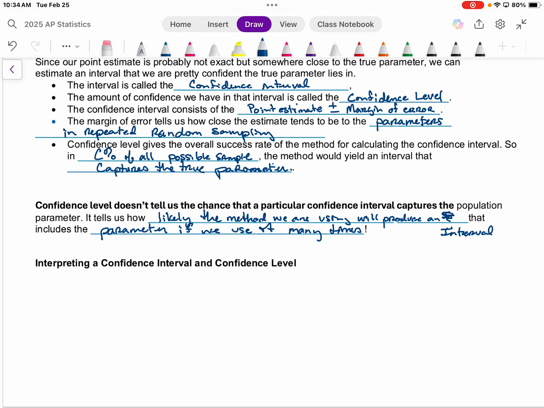So I got a couple scripts here that we get to use for interpreting. I'll give it a moment. You still writing? What is that? The A? What, on the second line? Yeah, it says and, and then a squiggly because I couldn't squeeze interval in there. Parameter if we use it many times. That's an I. Sorry, I'm one of those people that print in cursive at the same time.